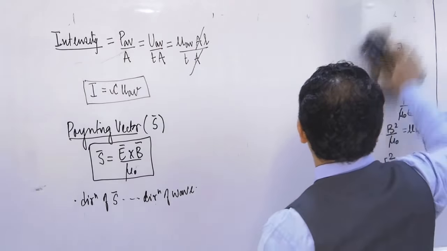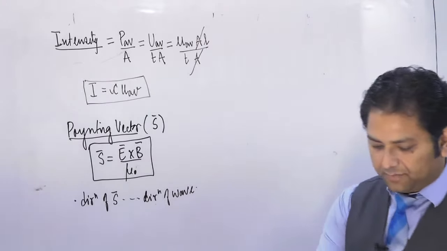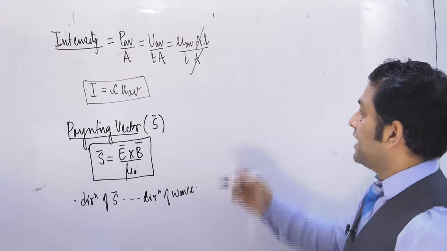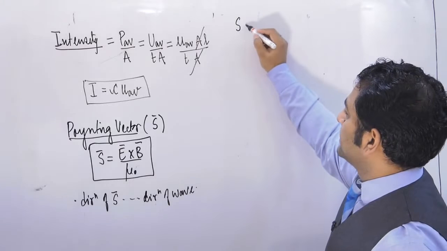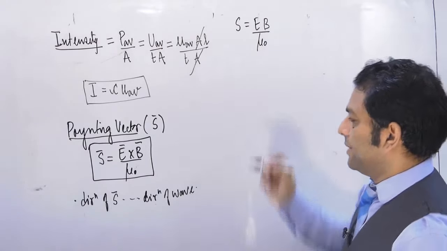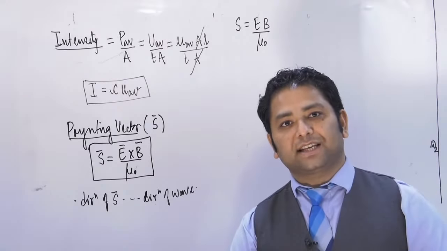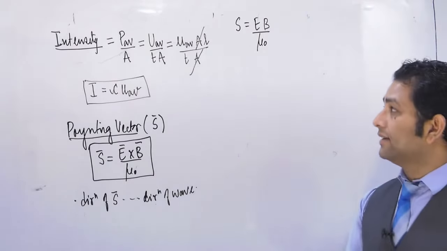Let's try to see what that is. Look, let's try to understand. S is EB divided by mu naught. Remember, only E always indicates the instantaneous values. You have got to understand that.